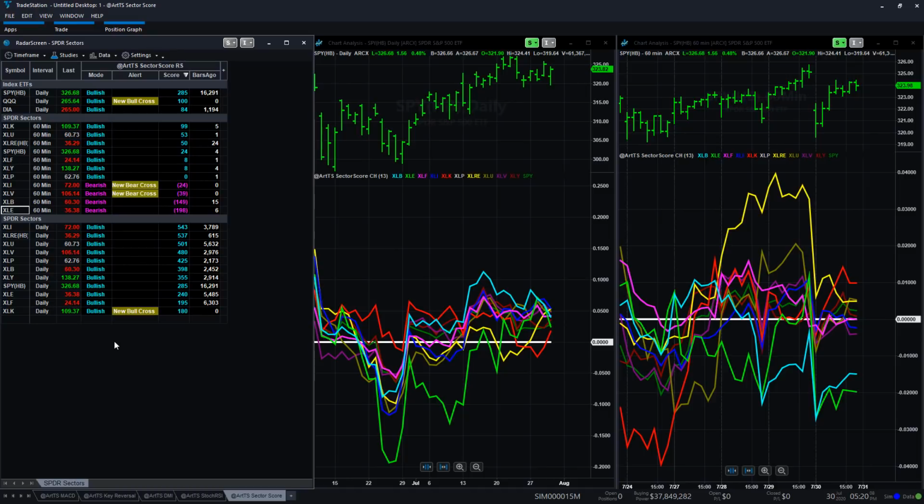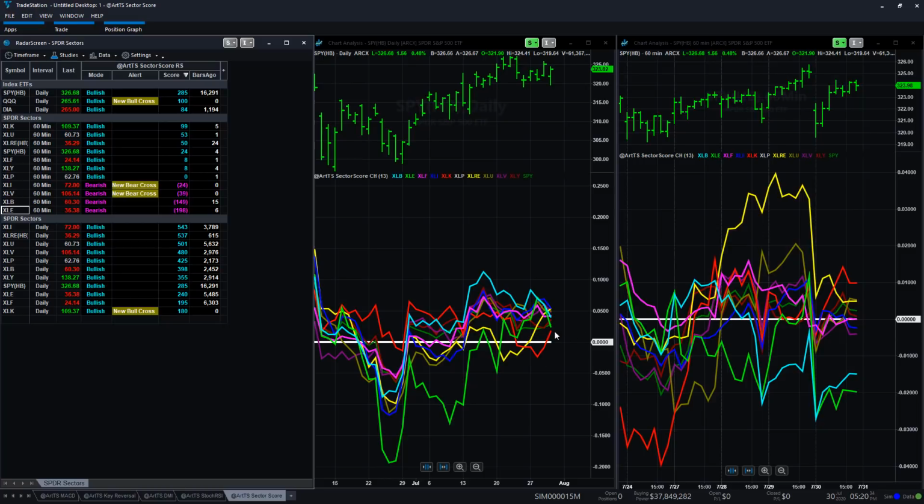So of course, these are all going to have positive scores. None of them have a negative % change over the last 13 days. But XLK, which is our best one on the 60-minute, is the worst one on the daily. But it's trending in the right direction because it's been doing well recently in the last 60-minute chart.